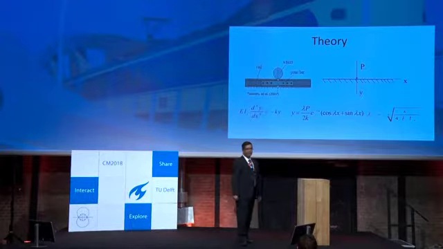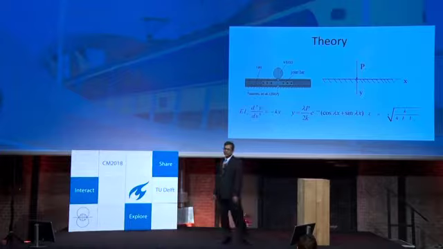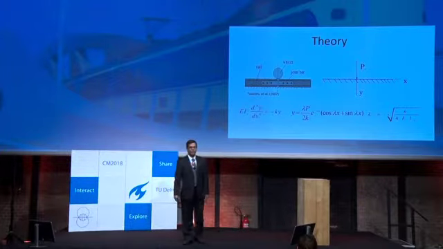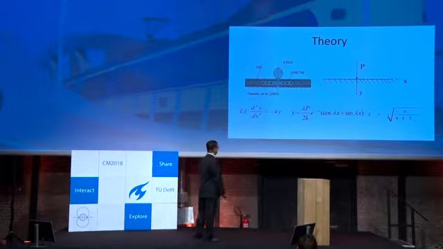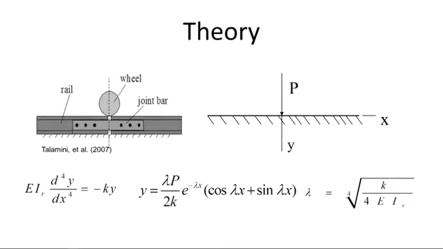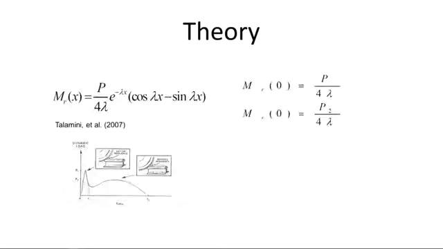So a little bit of theoretical stuff there. This is the study based on beam on elastic foundation. This is the fourth order differential equation. By integrating, we can get the deformation pattern. And from the deformation pattern, if we differentiate twice, we can get the moment distribution. So this is the moment distribution of the rail.